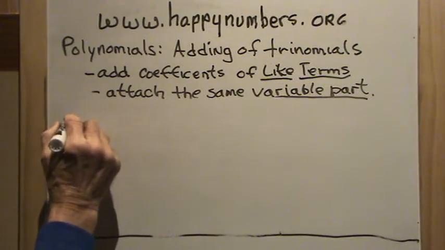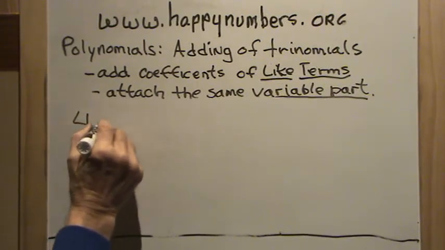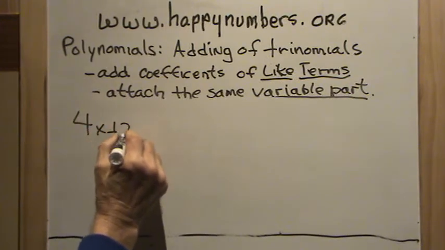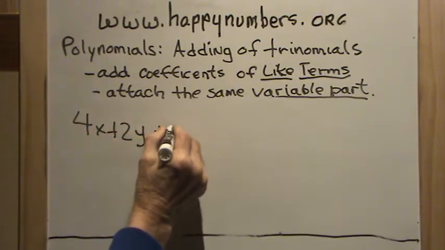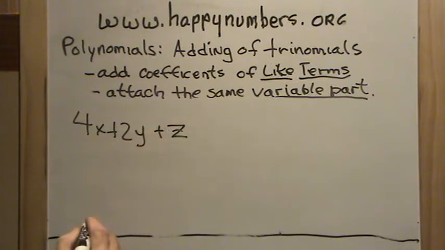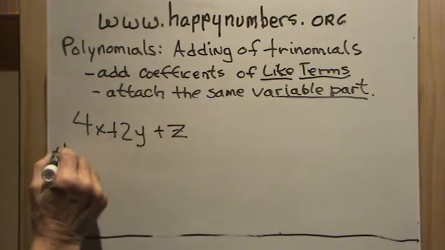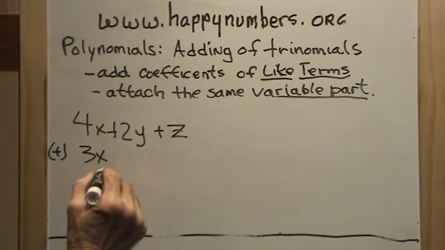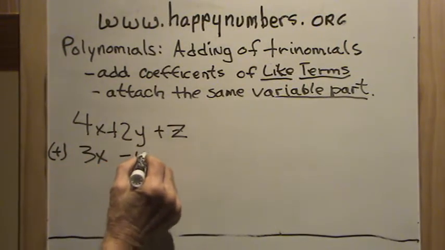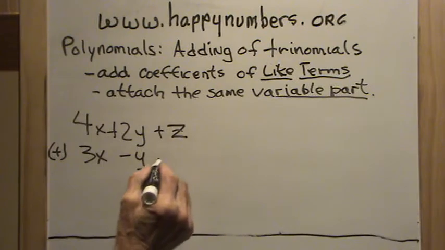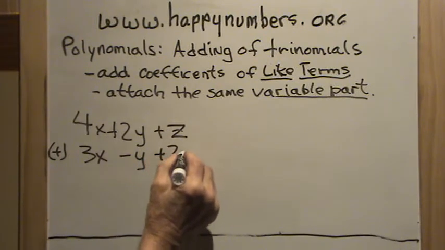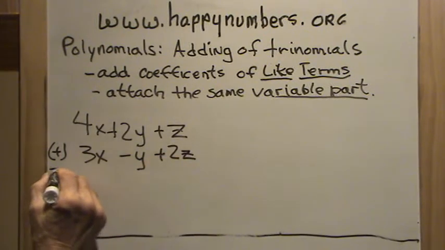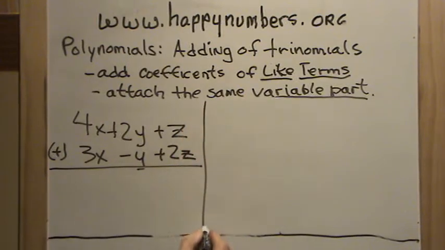So problem number 1 will be 4x plus 2y plus z plus 3x minus y plus 2z. That'll be your first problem.